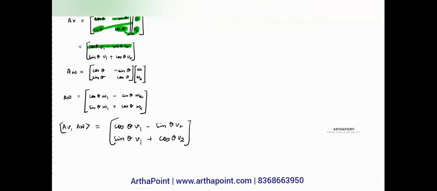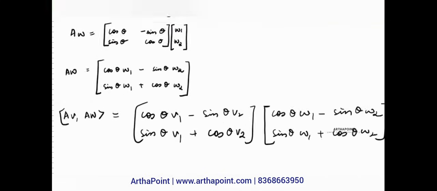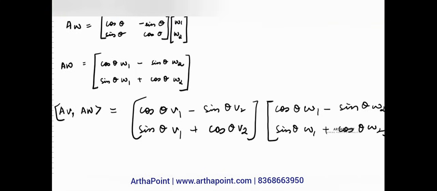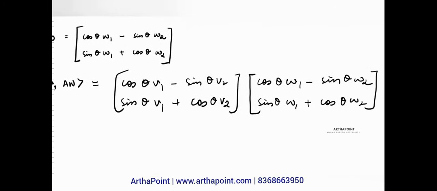This is AV, and AW is what? Cos theta W1 minus sin theta W2, sin theta W1 plus cos theta W2. So this is your AV and AW. And what do you do in dot product?